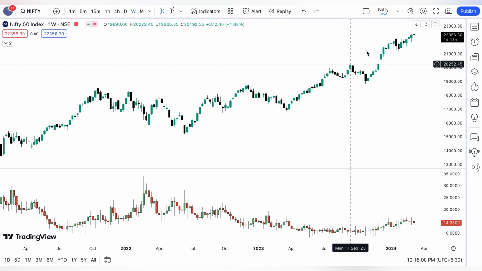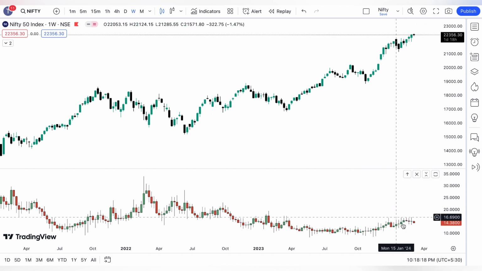At least what I see in my portfolio is that, despite this gain, the portfolio has remained very much flat. What that indicates to me, along with what we see on India VIX, is that the volatility is increasing and the stocks are getting hammered despite Nifty making new highs.